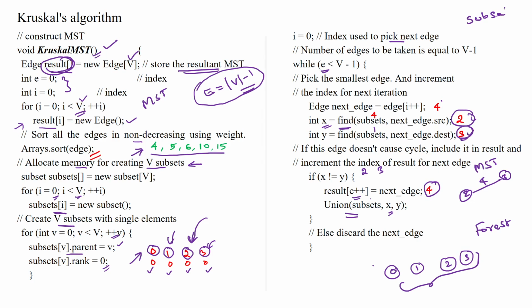If that edge is not available, I mean this condition is for, suppose 2 to 2, forming a cycle, then it will be discarded. So based upon that, you can select the next minimum edge. Then again you have to follow the same procedure.